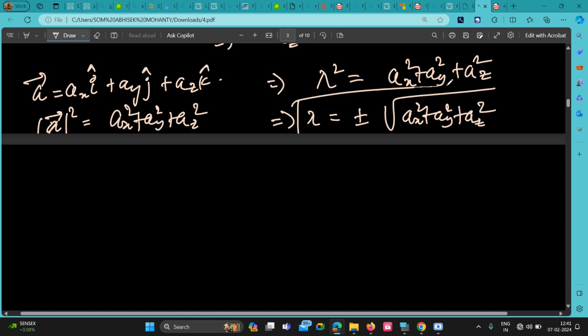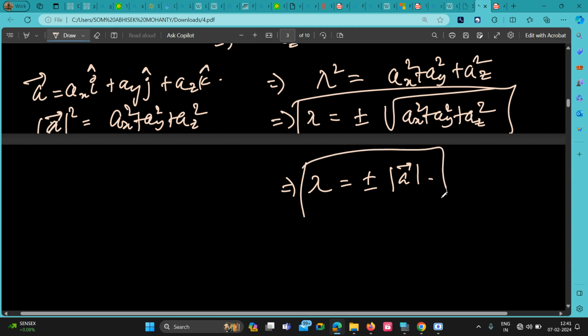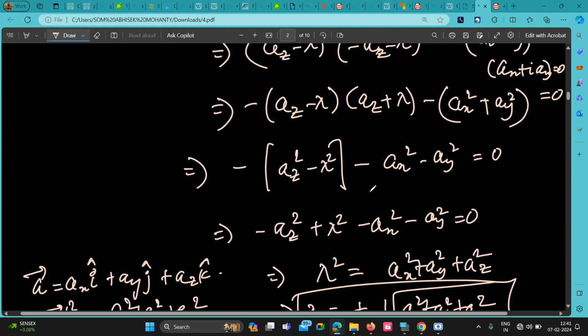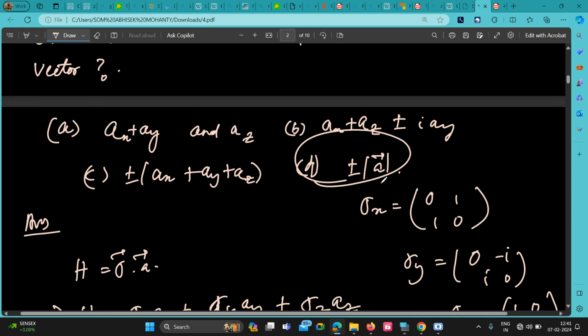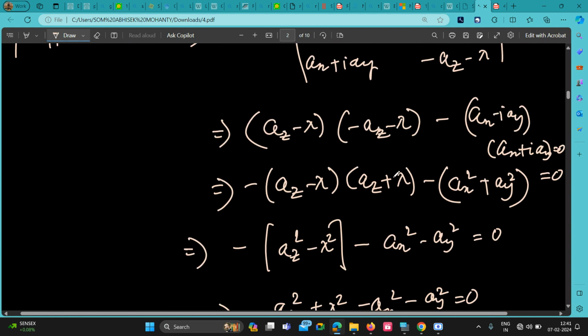Is that alright? So I can also write lambda equal to plus or minus the magnitude of the A vector. This is your eigenvalue, which is option D. Okay, option D.